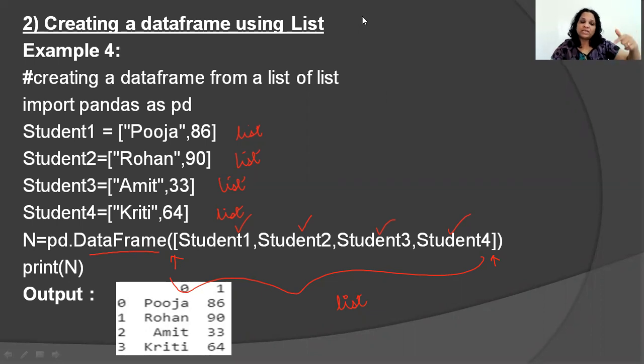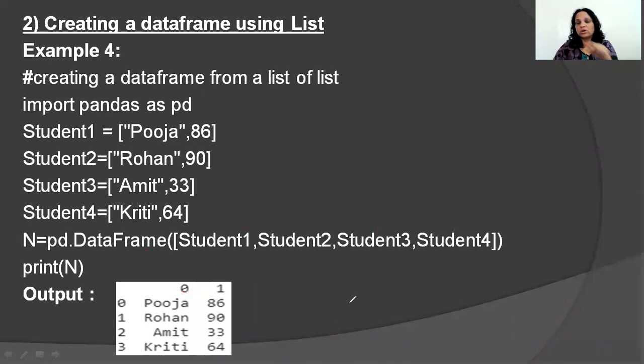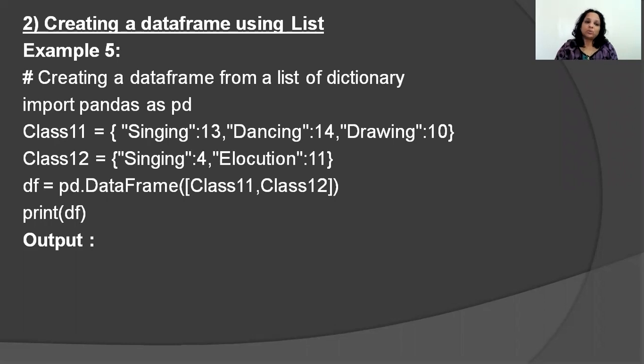And you could specify the index labels by using the parameter called index. Is that clear? So we are here also creating a data frame using a list. The only difference is this is a list consisting of lists, or you could say a nested list. But remember one thing very important: every element of the list that you provide to the function called DataFrame becomes one row of your data frame.